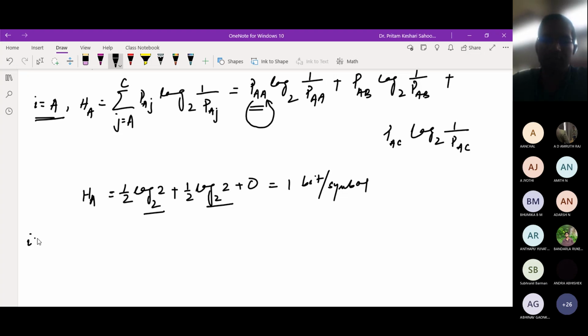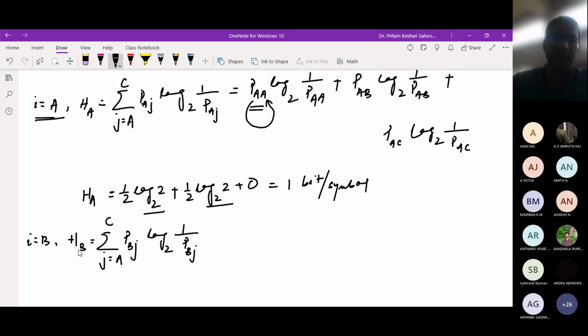Further, if we take the next value of I equal to B, we will calculate H of B. That equals summation of j equal to A to C, probability of Bj log base 2, 1 divided by probability of Bj. Because this value B is fixed, I value is fixed.